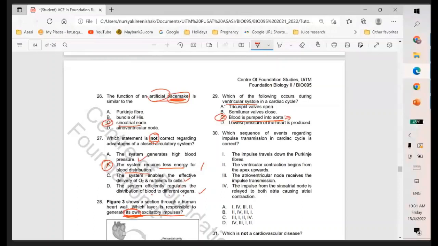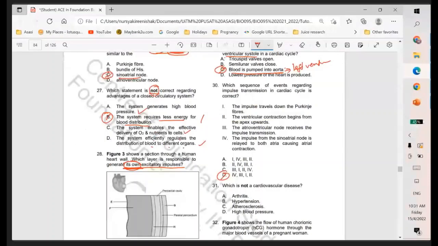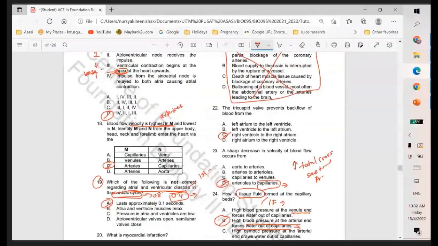The question is D, which sequence? Is this like the previous question or different? Different. Which sequence of events regarding impulse transmission in cardiac cycle is correct? So the answer will be D.